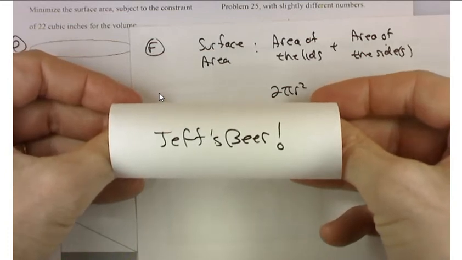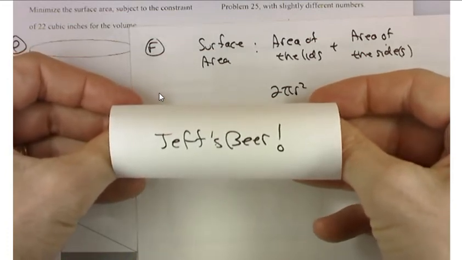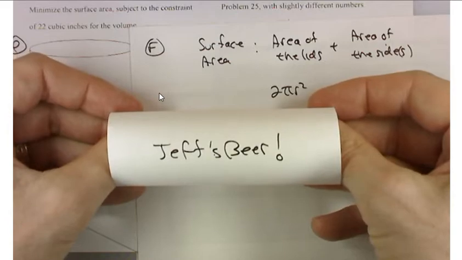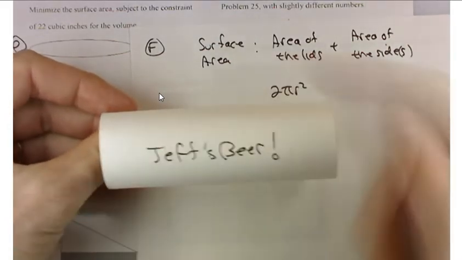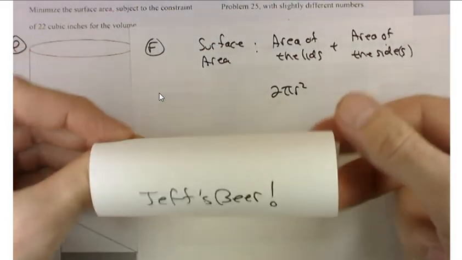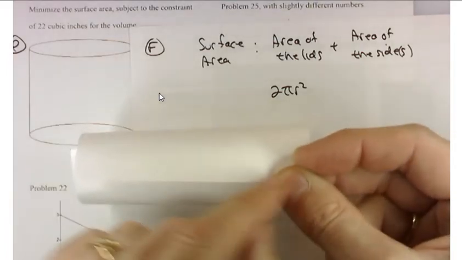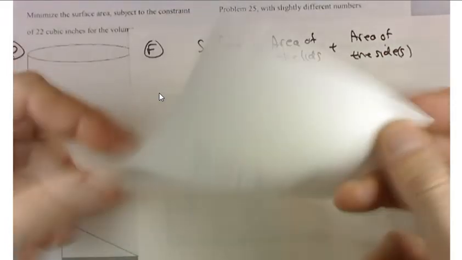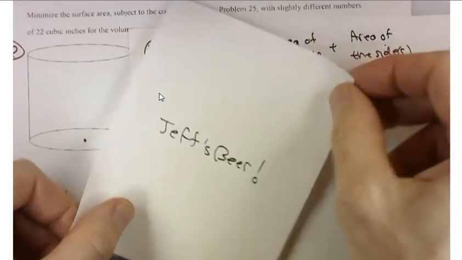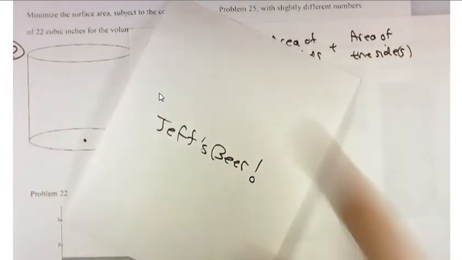That's better. It is St. Patrick's Day. So I want to find the area of the side here, and to make this easier, I'll cut this down the seam and unroll it. When I do that, what kind of figure is this now that it's unrolled? A rectangle.